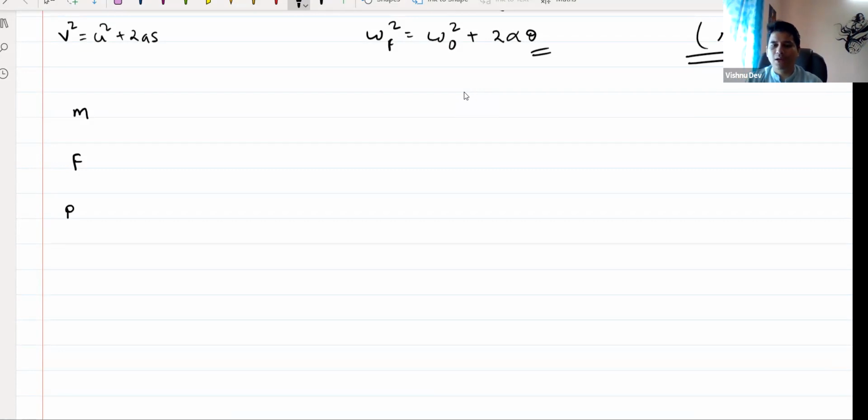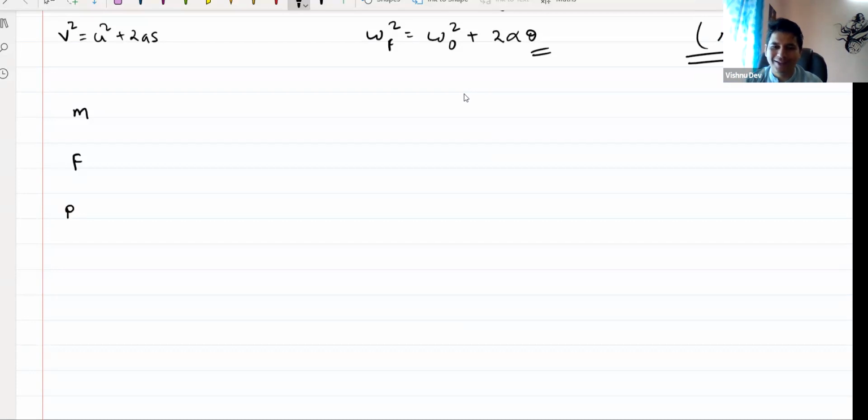Now, how many of you have pushed a door? Everyone has pushed a door, right? How many of you have tried to push the door from different distances, near the axle and then far?